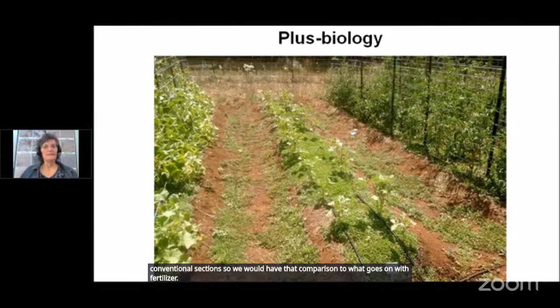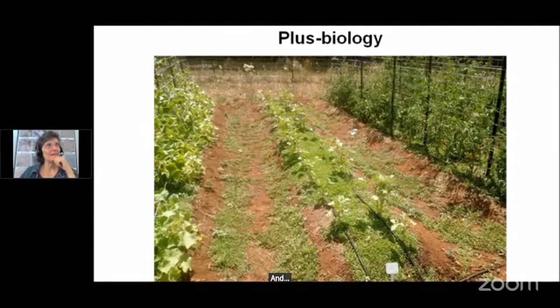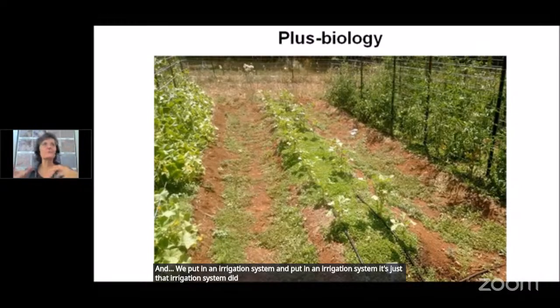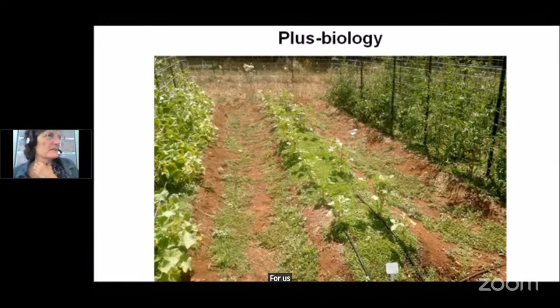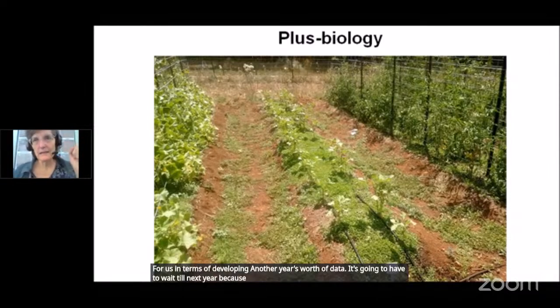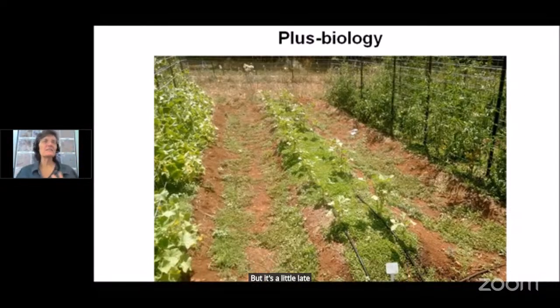And we put in an irrigation system, and that irrigation system did not work. We had problems with them. So this year has been a little bit of a bust for us in terms of developing another year's worth of data. It's going to have to wait till next year because we have the irrigation system in hand now. But it's a little late to be planting things.